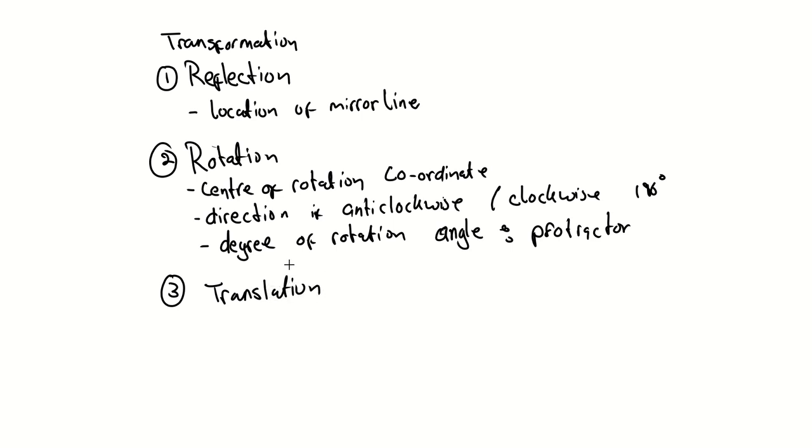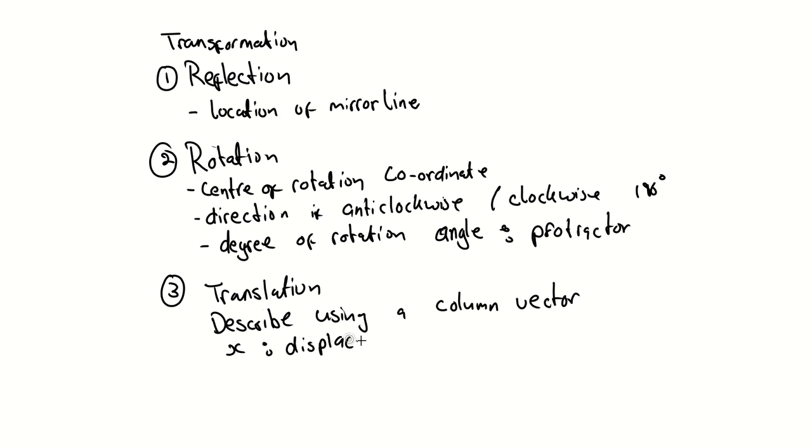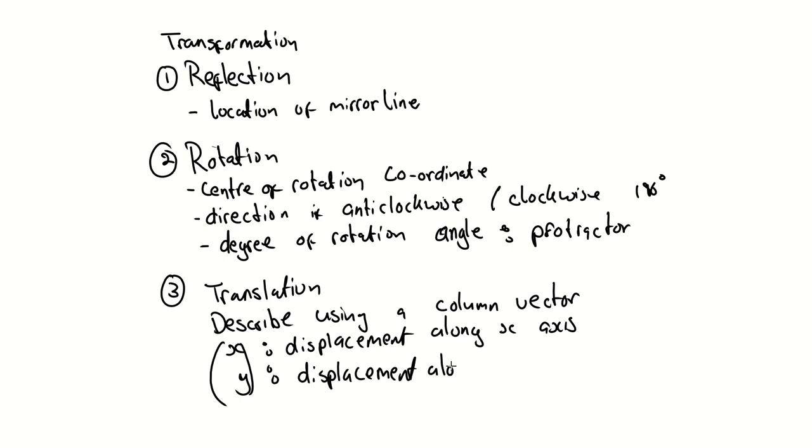Now translation can be described using a column vector, where the value on top is your displacement along the x-axis, and the bottom value is your displacement along the y-axis. And number 4 is enlargement.